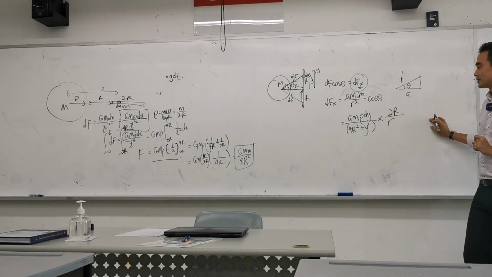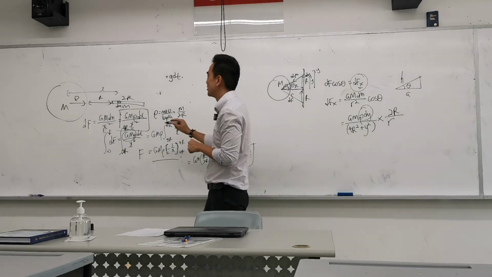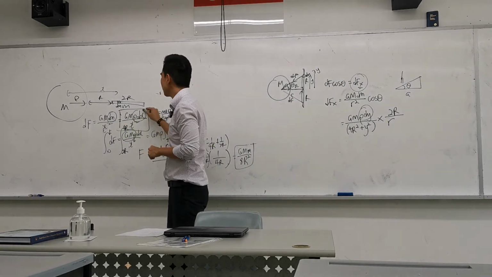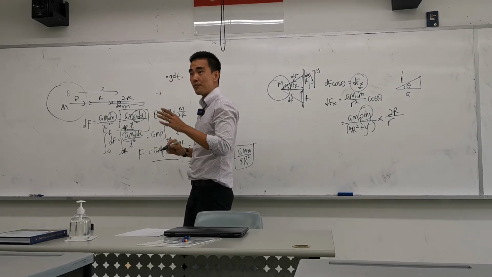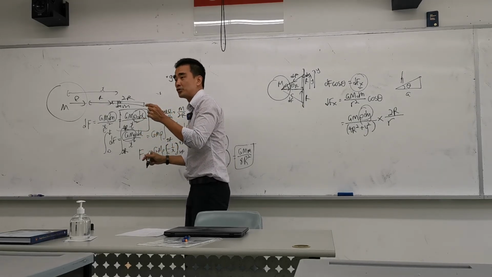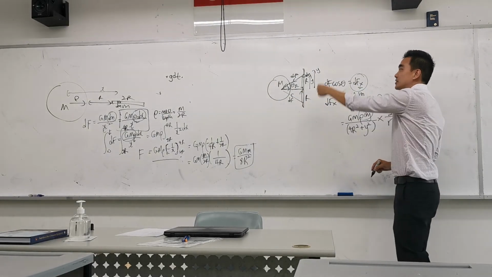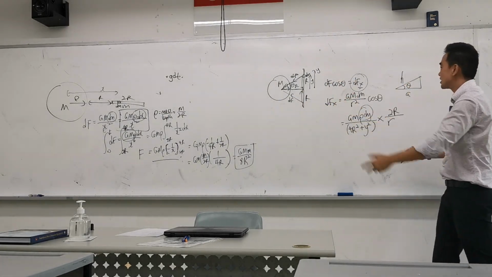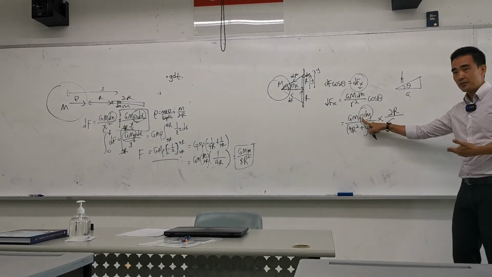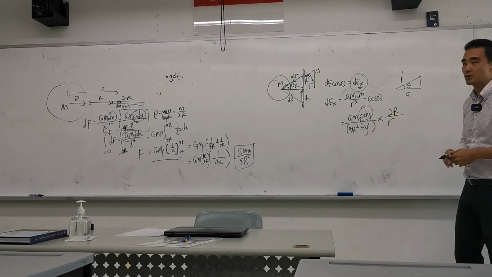I look at the rho dy. I'm just using the trick that we used just now, where dm is equal to rho dx. The small little mass is equal to mass per unit length times that small little length, which in this case was in the x direction. Now my distance moved is in the y direction, so it's the same strategy of using mass per unit length times the small distance that I move in the y direction.